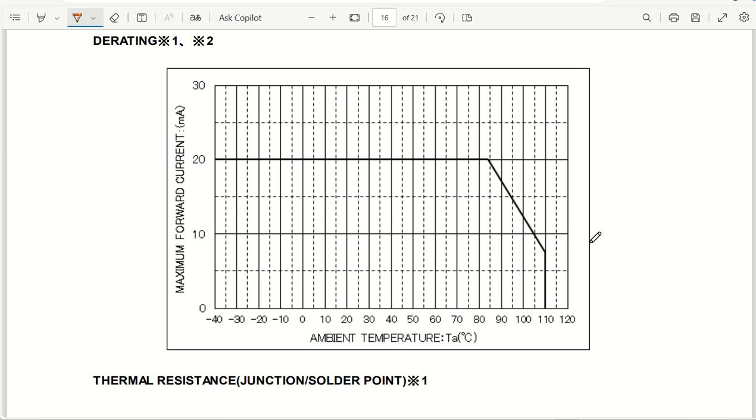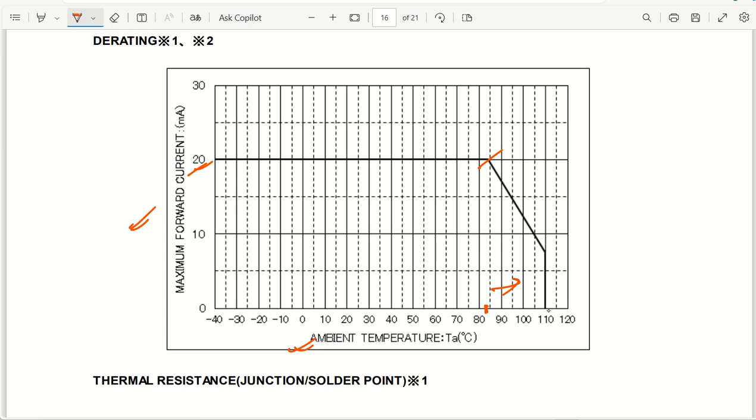Very good. Now understanding the derating, based on my ambient temperature, my maximum forward current decreases. As you can see, up to around 85 degrees centigrade, we have the complete 20 milliamperes of current capability. As my temperature increases further, my current capability decreases linearly, and it goes to 0 at 110 degrees centigrade.